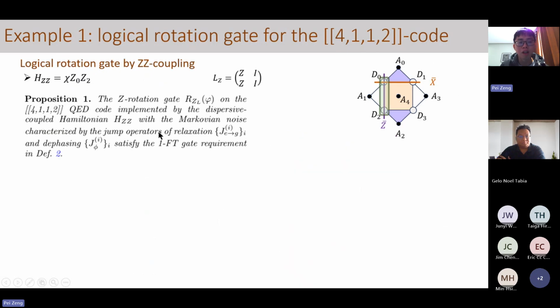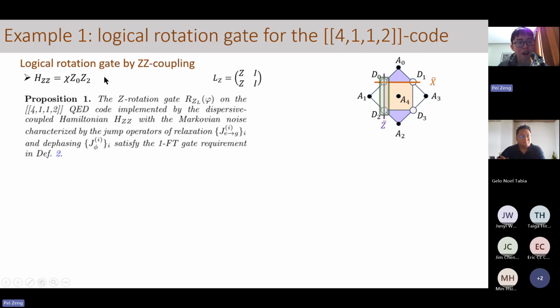But what we want to claim is that if you do this Z rotation gate by a very simple Hamiltonian, Z0 Z2, this Hamiltonian can be easily realized in a real experiment, either on the neutral atom platform or the superconducting platform.